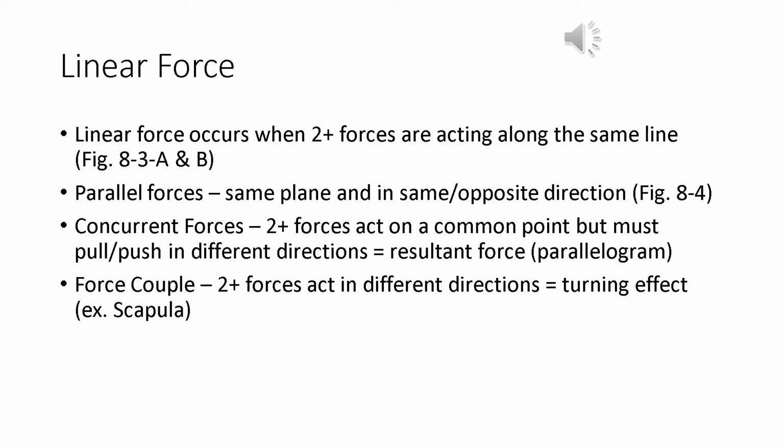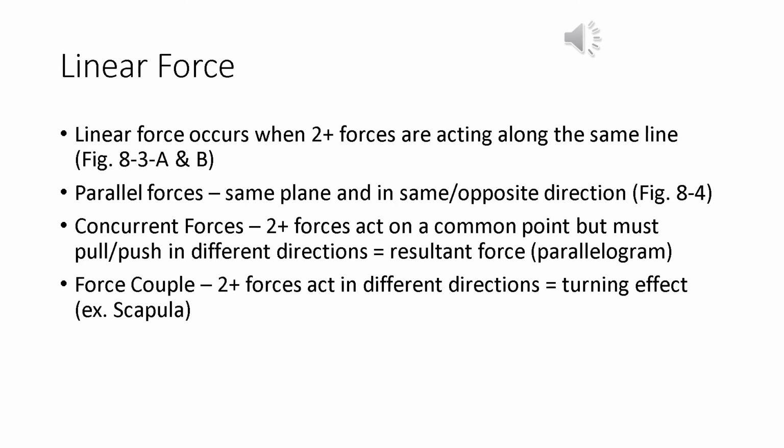Those are linear forces, and that resultant force is also something that we are going to be able to describe when we think about some muscles occurring. We have a couple of muscles creating a force at the same time in two different directions, which create a resultant force. If you look at figure 8-6 on page 107, you can see the three deltoid muscles.